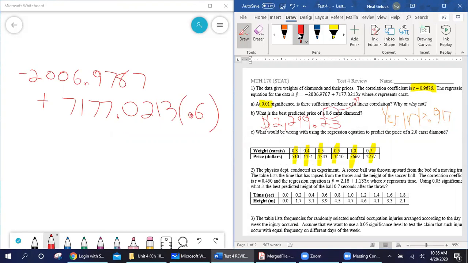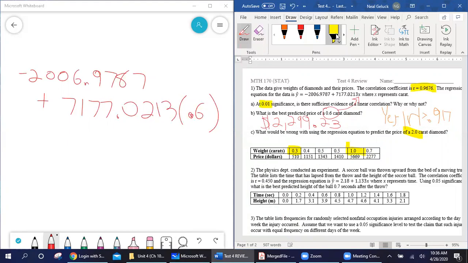Now, part C is a little more theoretical. What will be wrong with using this equation to predict the price of a 2 carat diamond? What's wrong with this, and we talked a little bit about this, but it's been a while, is that 2 is outside of our range. If you look at my weights, the lowest weight I have is 0.3, the highest is 1.